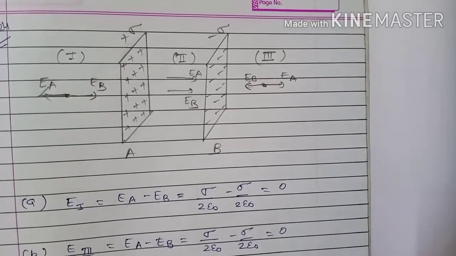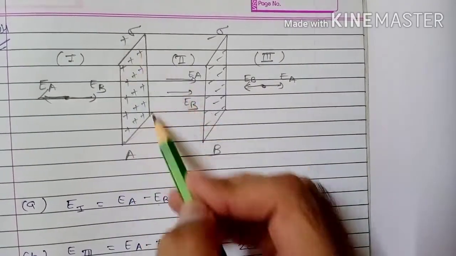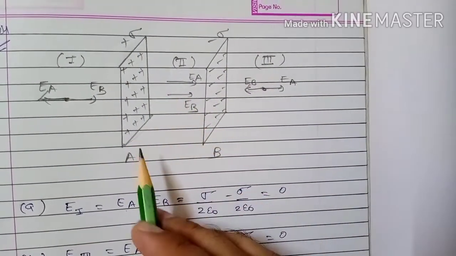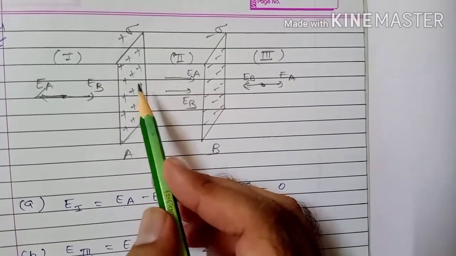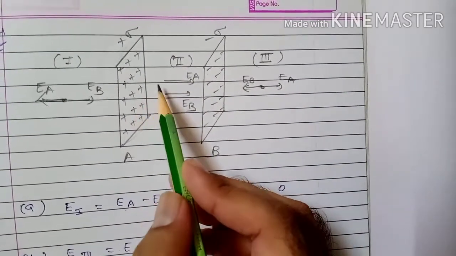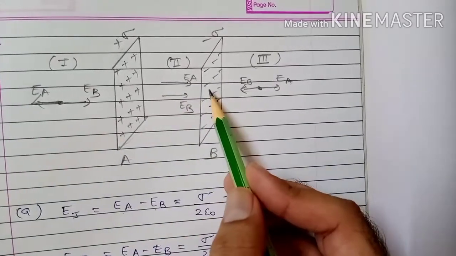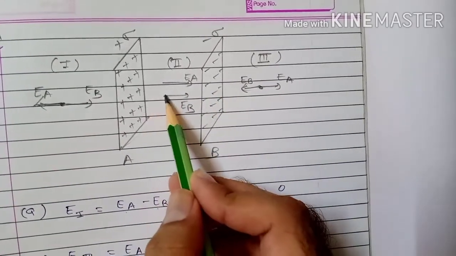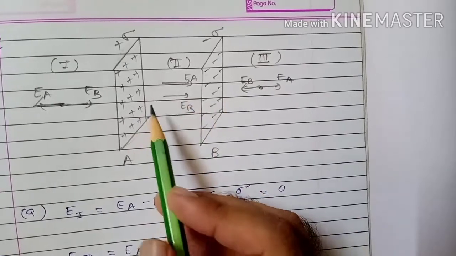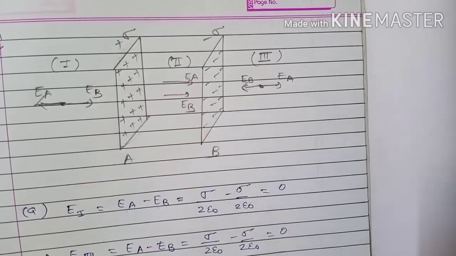Now we have to find electric field between two plates. Here between two plates, you can see electric field due to plate A is away from the positive charge in this direction. Electric field due to plate B is towards the negative charge in this direction. Here in region 2, both the electric fields are in the same direction.